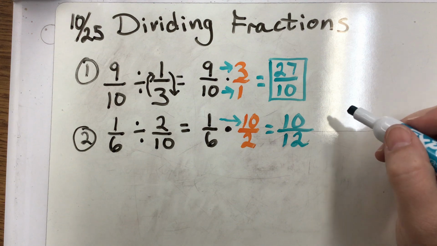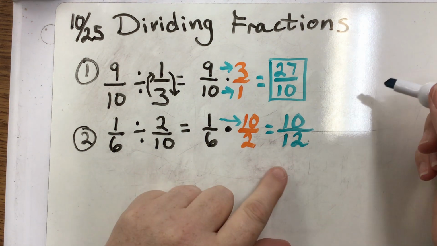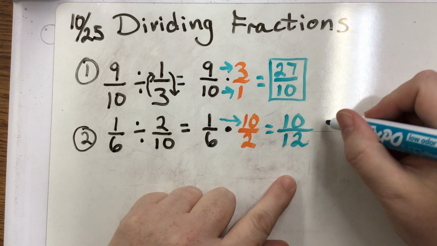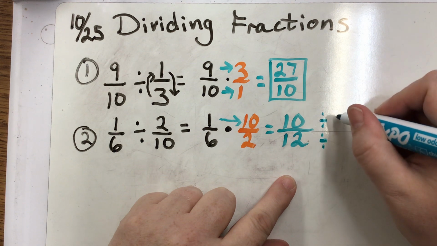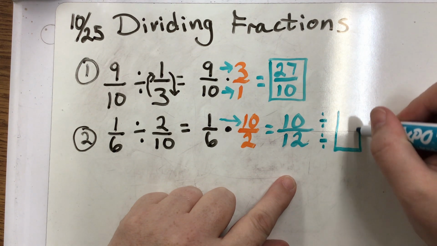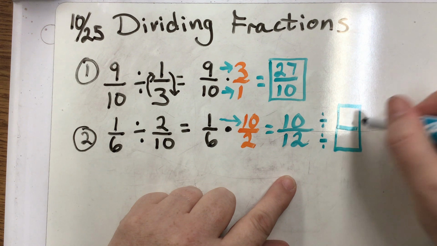Now I'm going to check on Desmos. Desmos tells me, oh, I can divide this by a giant 1. So what's my giant 1 going to be? Well, 10 and 12, they're both even. So that means I can divide them both by 2.